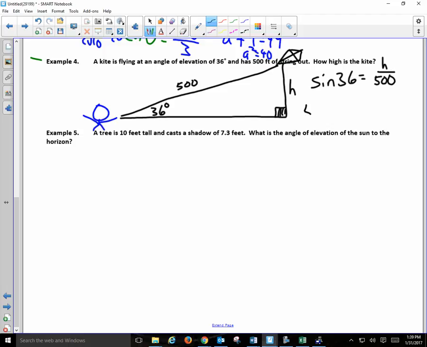Cross multiply: 500 times sine of 36 is equal to h. Somebody give me a number. It starts with a 2. 293.89, and that's feet. Now, Jill knows that it's 293.89 feet above the ground, which is important to her.